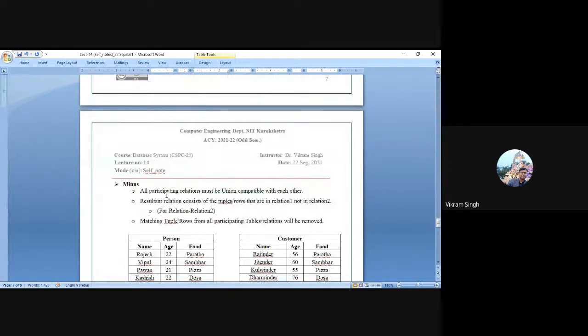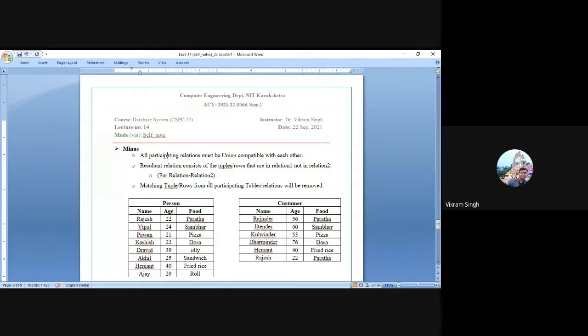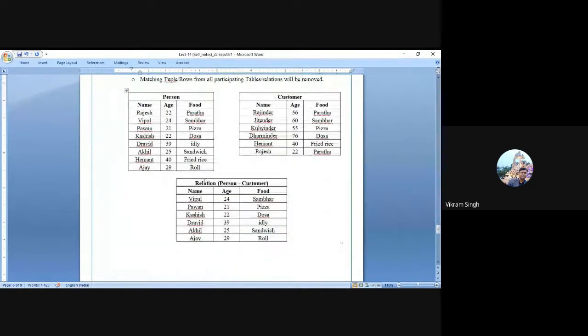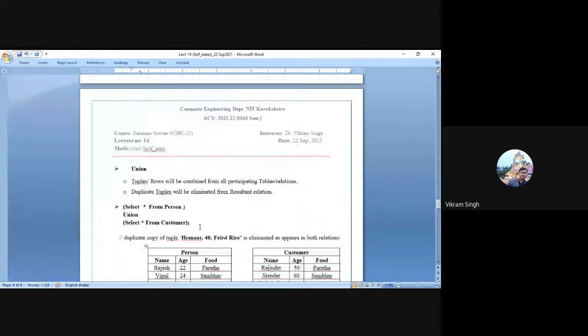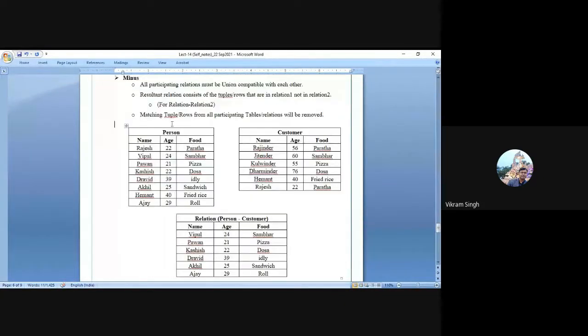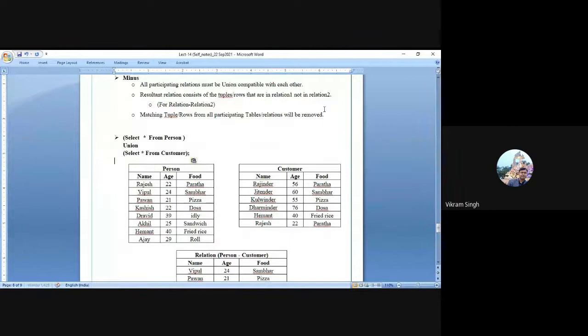The last binary operator which we might be using in data retrieval is the minus operator. So suppose we have a similar situation where we have two database queries like this. If you use this specific query and you mention minus here, basically all the matching tuples between these two will be removed.